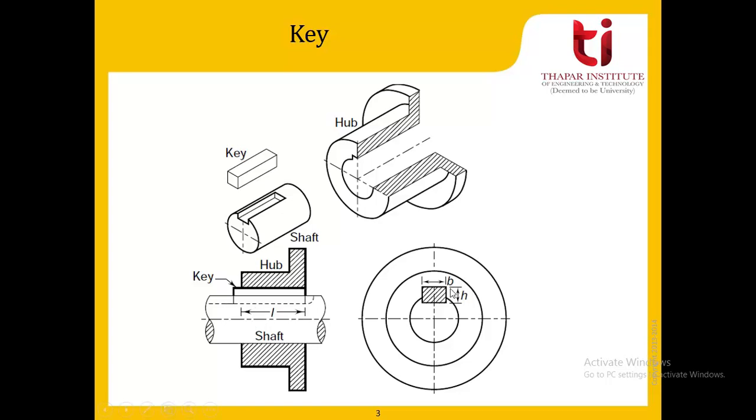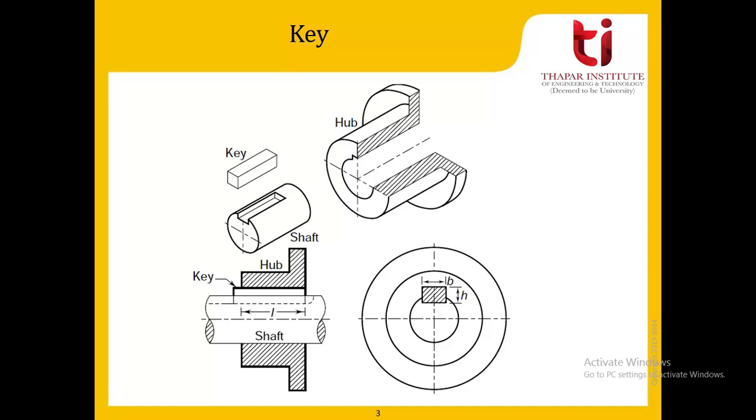So therefore a conventional key has three dimensions, that is B, H, and L. As a designer we need to design these parameters, and they will be dependent upon the diameter of the shaft, which we design depending upon strength or stiffness consideration.